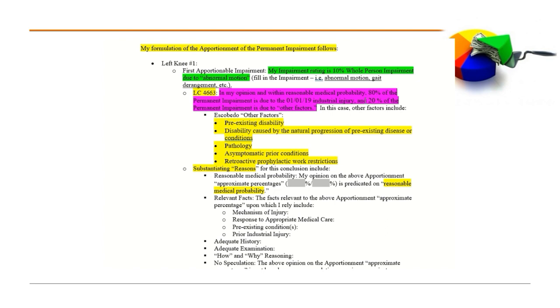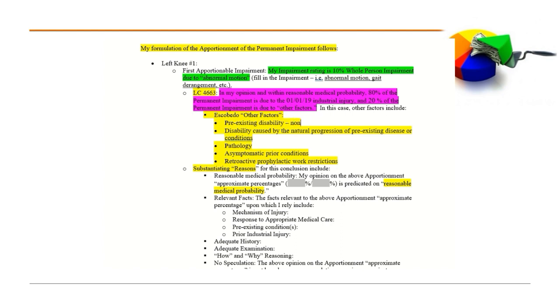Now, with regards to the other factors, you then go on to tell us, okay, in this case, other factors include, and then these are some other factors from the Escobedo case. You can use some of them. You can use the ones that apply. If they don't apply, simply tell us that there are no pre-existing disabilities.